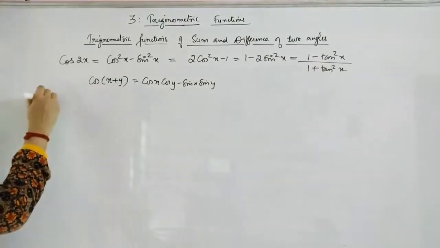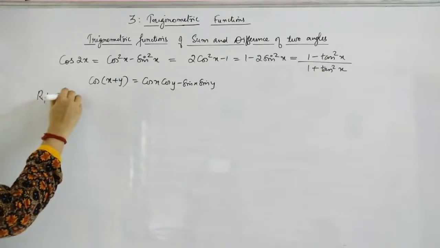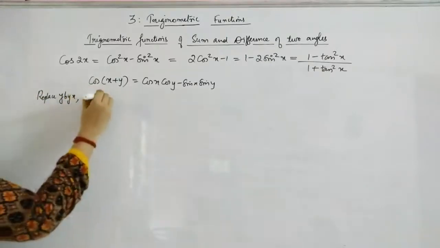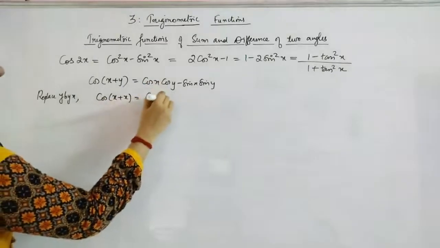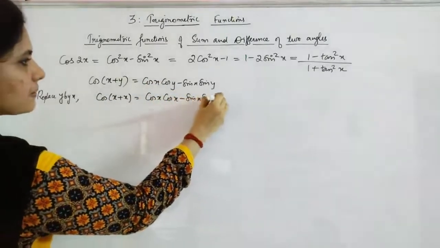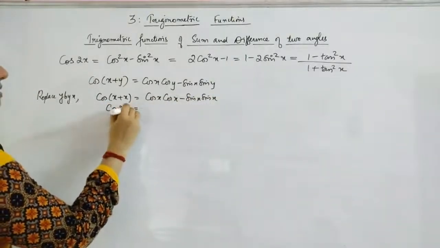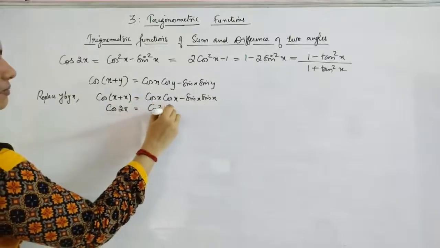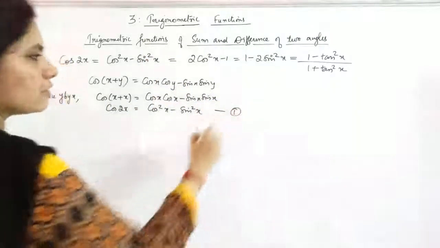So replacing y with x, the left hand side will become cos of x plus x, and the right hand side will become cos x cos x minus sin x sin x. So your left hand side becomes cos 2x and the right hand side becomes cos square x minus sin square x. You just see, one formula you have got. This is your one formula.